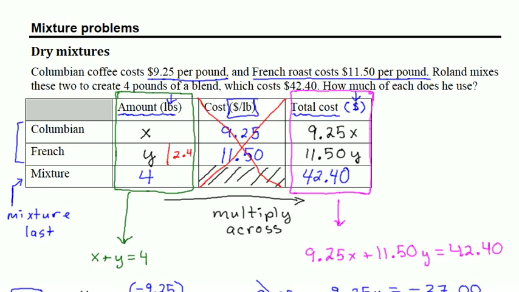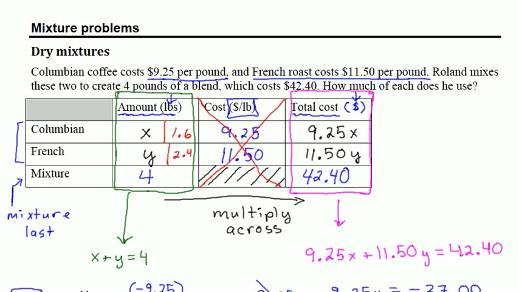I can find x by formally substituting back into one of these equations, but it's often not necessary because we know that x plus y is 4, so it seems reasonable that 4 minus y is going to equal x, so I can just subtract this from the amount of the total mixture to get 1.6. And these mixture problems follow a similar enough pattern that we can do that pretty much every time.